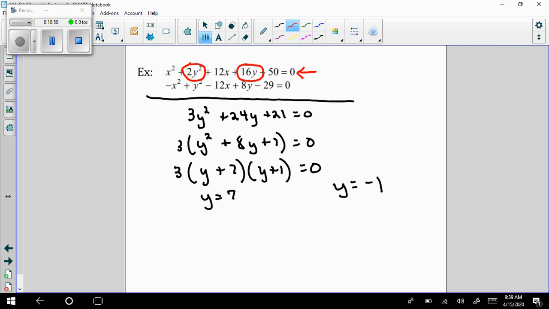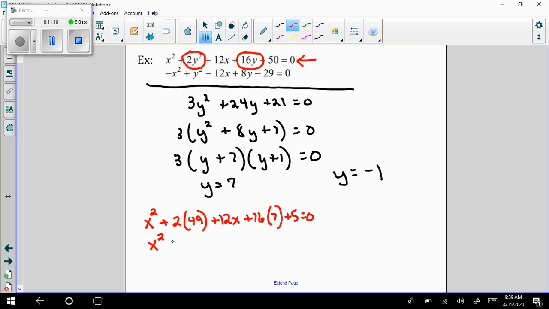So I get x squared plus 2 times 7 squared is 49, plus 12x plus 16 times 7, that's a plus 50, equals 0.